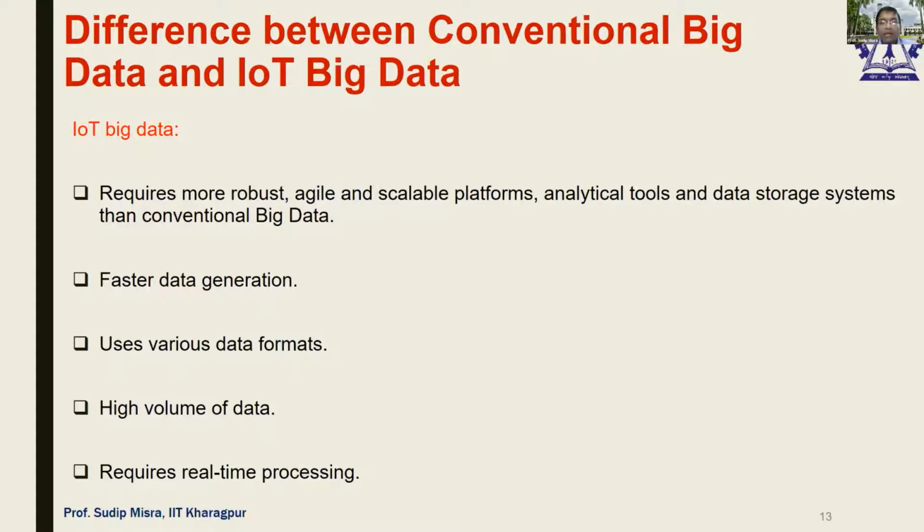This is very characteristic of IoT, right? Faster data generation, with data coming through a single pipe. You can think of a single pipe through which data of different formats come through, right?